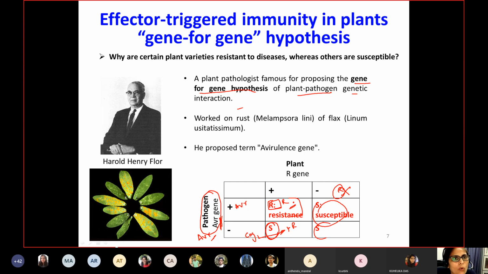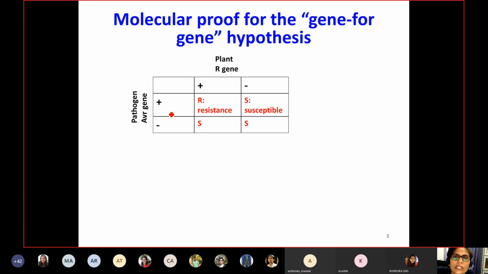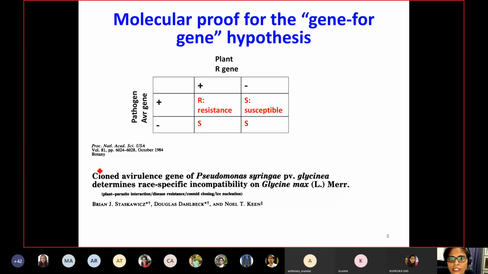This was only a hypothesis, and only 10 to 15 years after his proposition there was a molecular proof for the existence of these interactions. So scientists started cloning different kinds of genes. For example, the first AVR gene was cloned by Brian Staskawicz together with the Noel Keen lab, and they cloned some avirulence genes from Pseudomonas syringae.